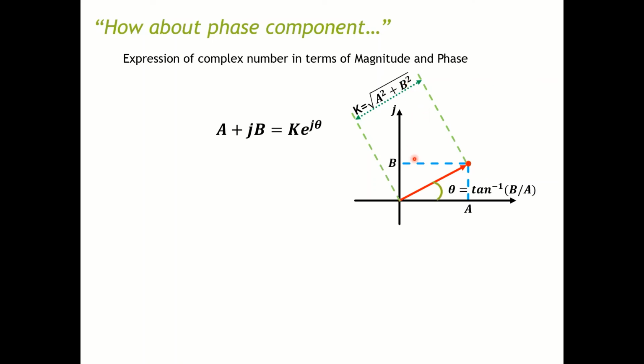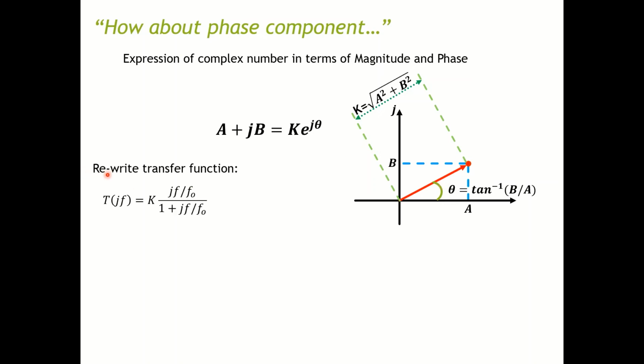The phase is this angle, theta, equal to arctan, or inverse tan, of b over a. So by using trigonometry, you can figure out the phase.